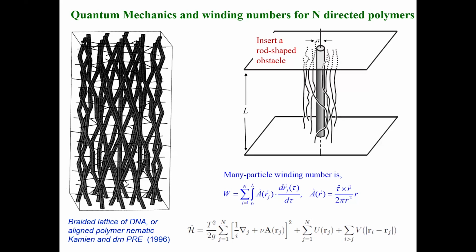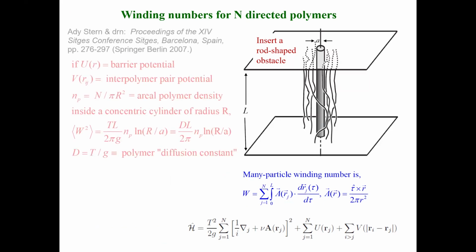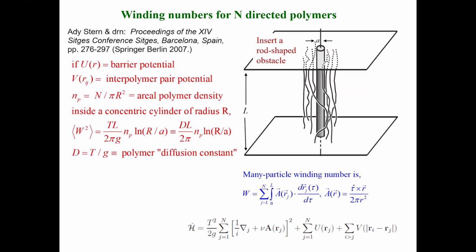Okay, let me go ahead then. So you can look at this problem again with the benefit of this Hamiltonian and try to figure out stuff. I'm not going to go into the details in this particular talk, but this was actually reviewed and explained in a paper with Addie Stern, who also spent some time at Harvard University, like Yaroslav.